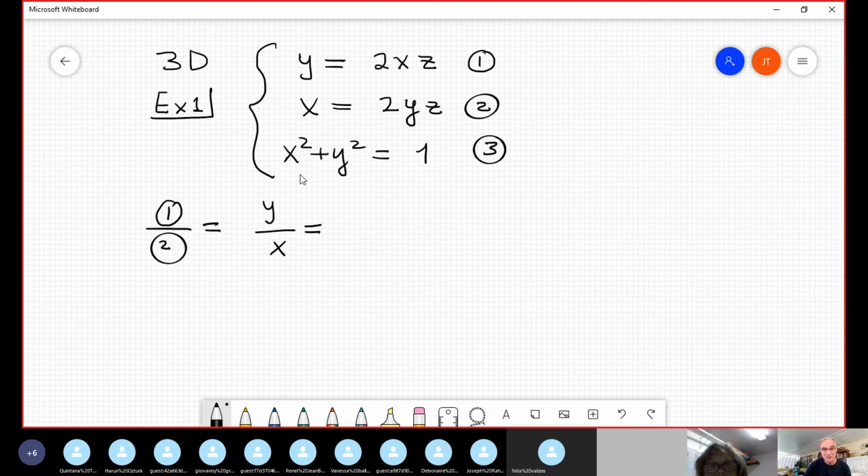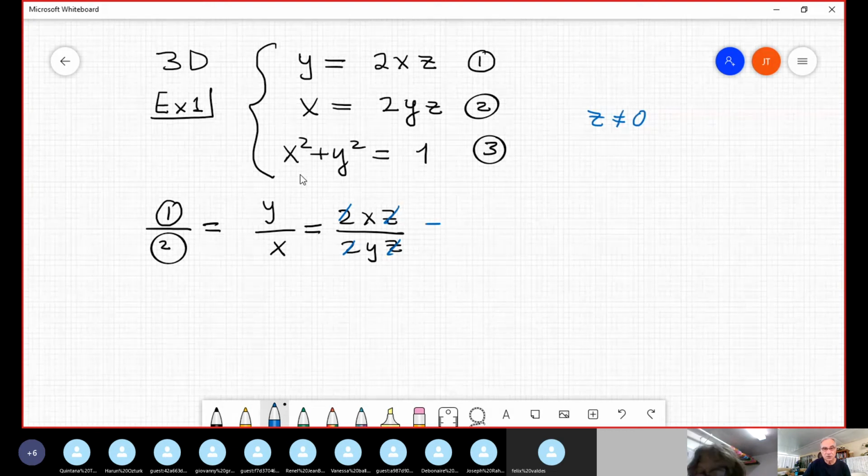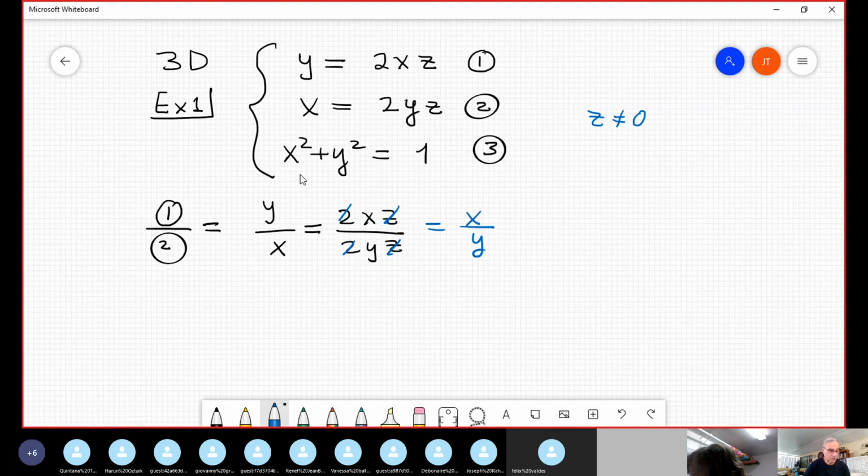And the right-hand side is obvious: we have 2xc and 2yc, so the 2 is cancelled and c is cancelled, under the supposition that c is not 0. So we have x over y. And you apply cross multiplication: y squared is equal to x squared. Therefore, y is equal to x.